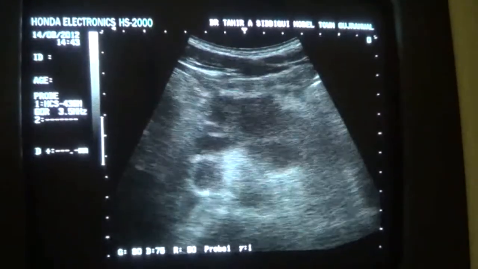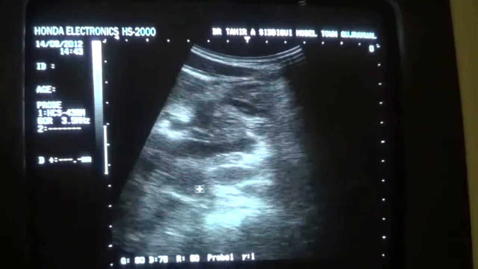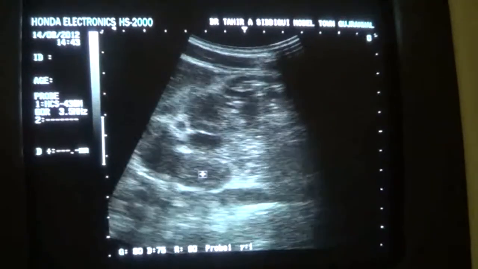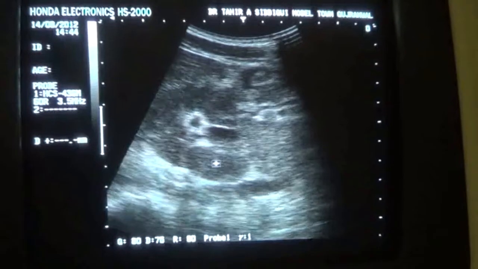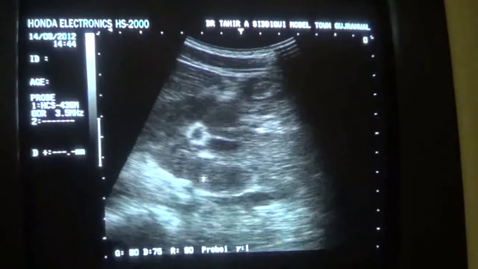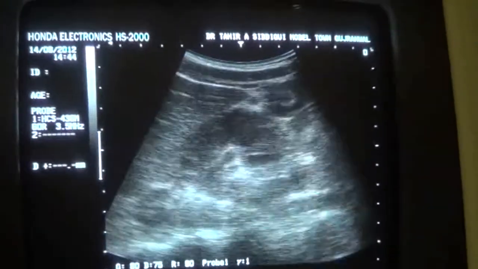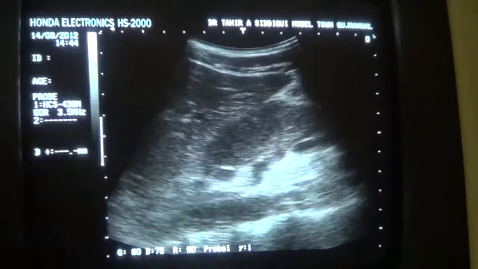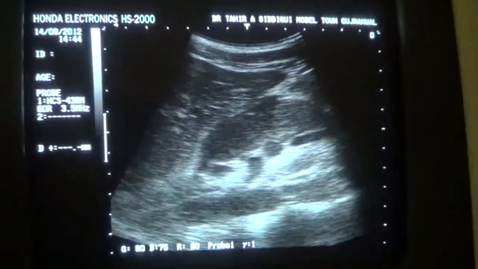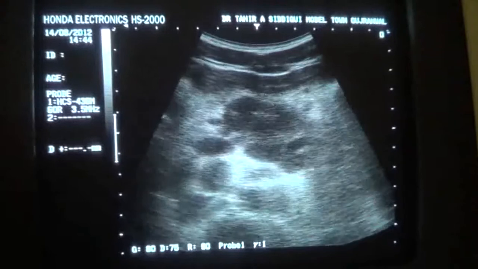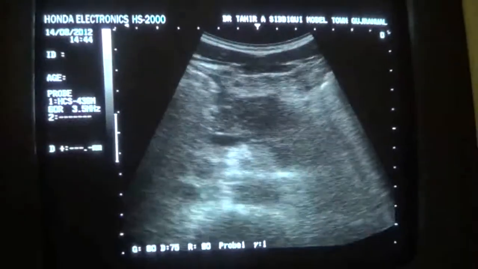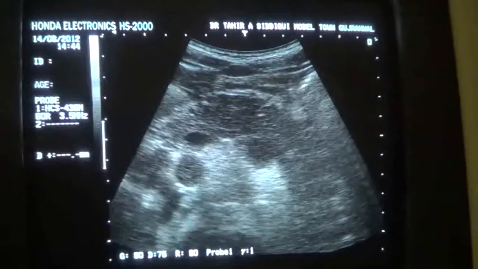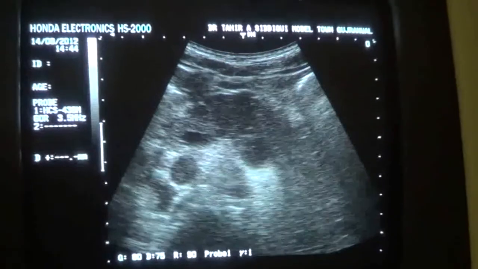See, I am going to rotate the probe, and it retains its shape. I have almost given a 90-degree sweep. It retains its shape. So there are multiple lymph nodes at the right parapancreatic region, whereas the duct of the pancreas is normal.